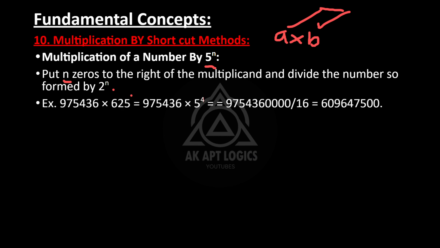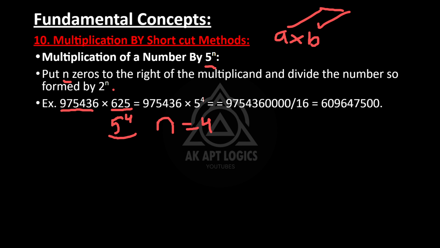So here is given a big number, a 5-digit number, and a 3-digit number. If you see this particular number 625, it is in the form of 5 power 4, right? So it means that n equals 4. This shortcut is useful when a given number is multiplied with 5 power 4.